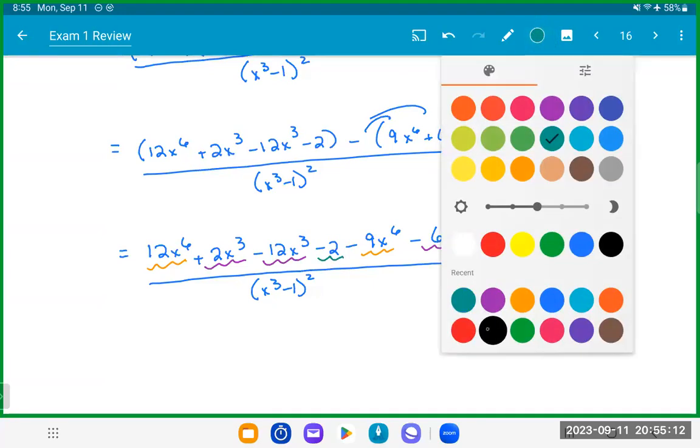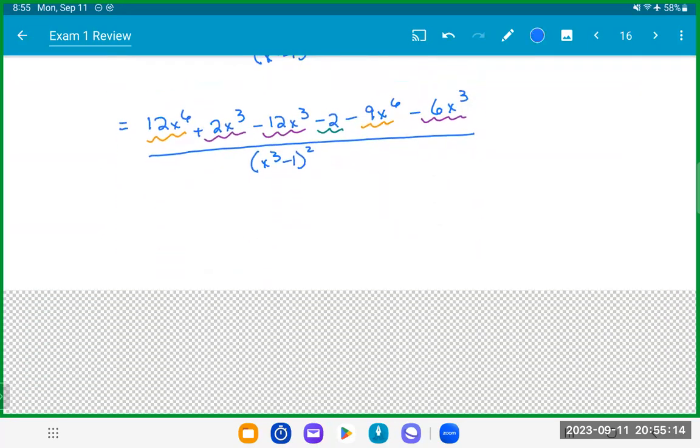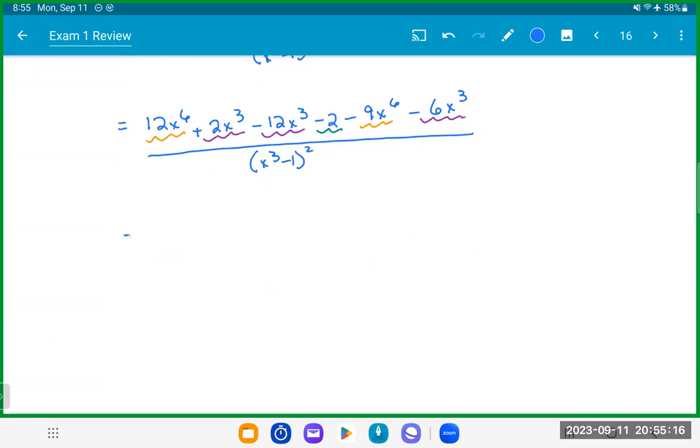So we want to combine all of those terms, and we get 3x to the 6 minus 16x cubed minus 2 over x cubed minus 1 squared. Okay, question.